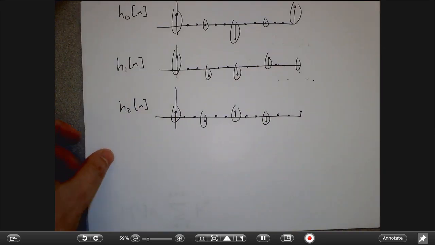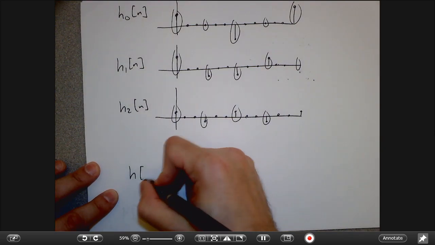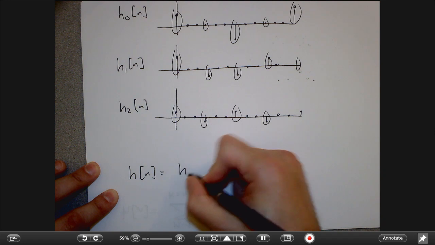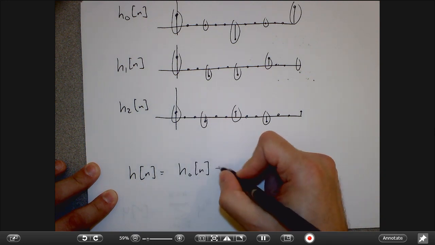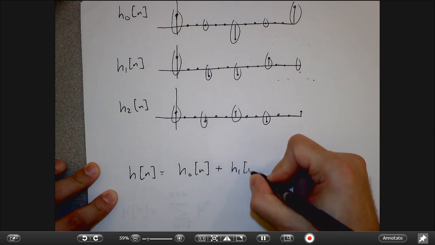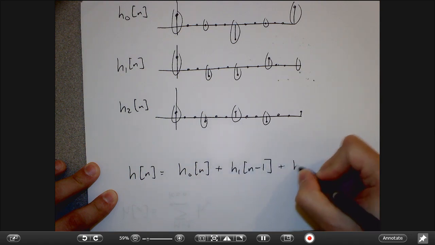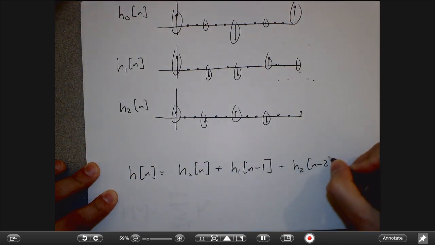Right, so the idea is that if I want to reconstruct my original signal, I need to take h0 of n, and I need to take h1 of n delayed by 1 unit, and I need to take h2 of n delayed by 2 units, right?